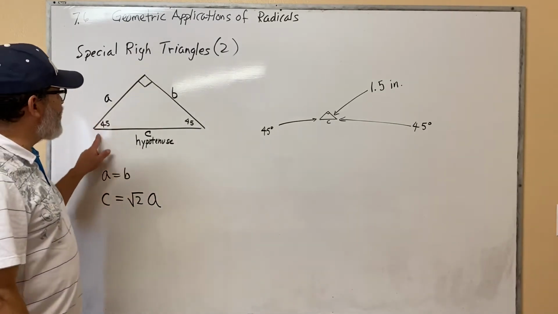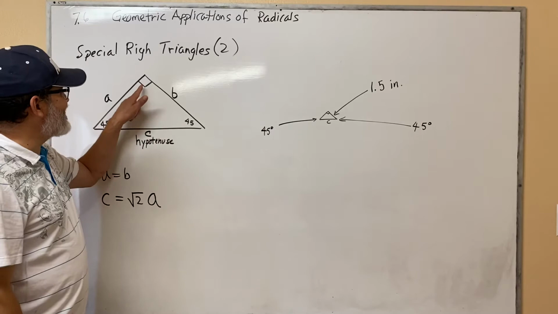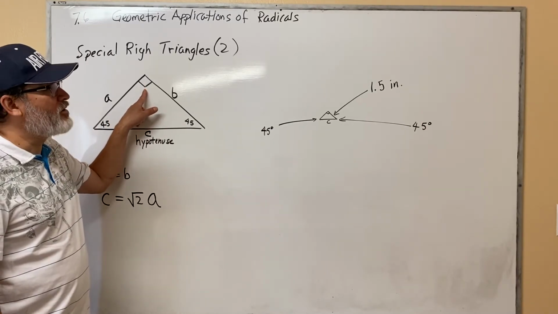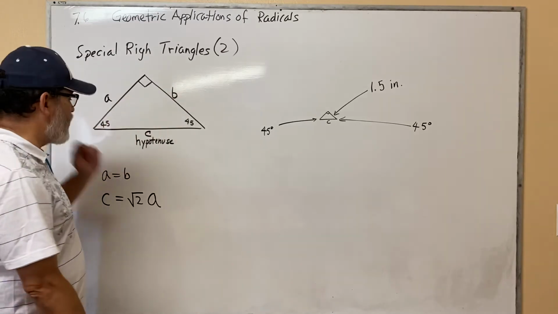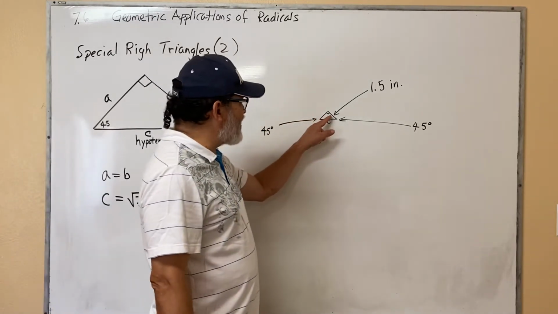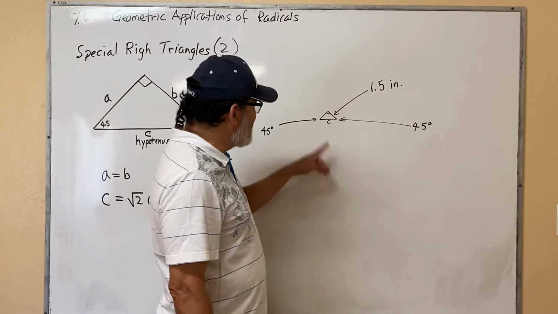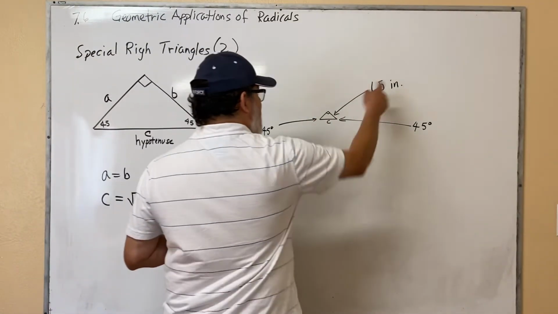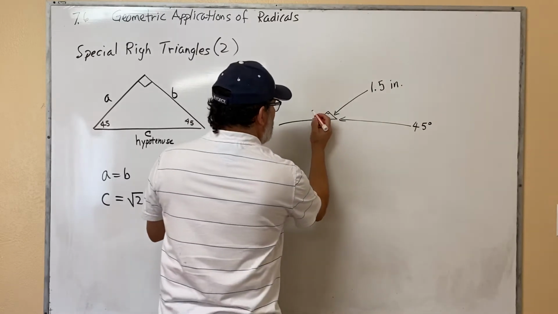Because this is a 45, 45, 90 isosceles triangle, the legs are equal. So if that's a leg and that's 1.5 inches, this must also be 1.5 inches. So this is given, and so therefore this is 1.5.